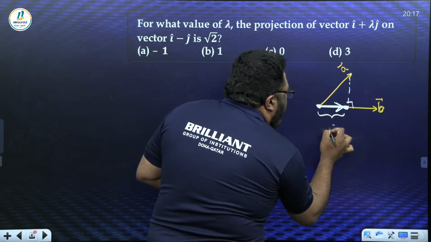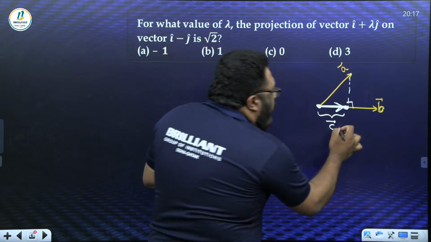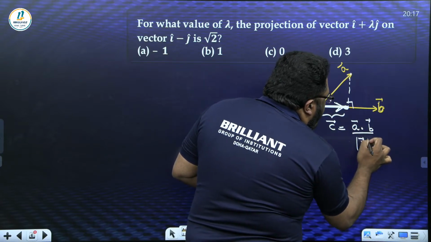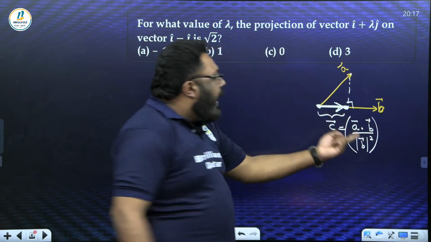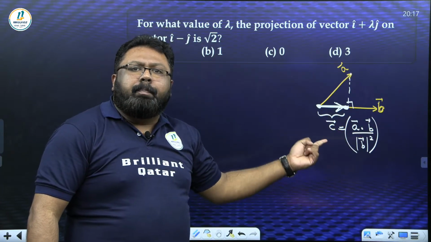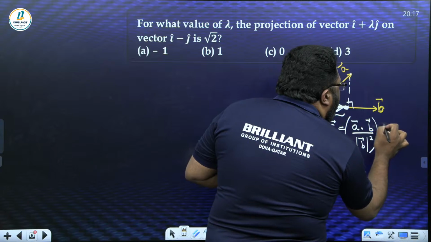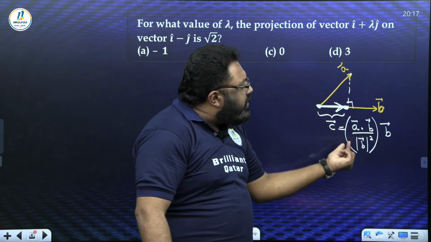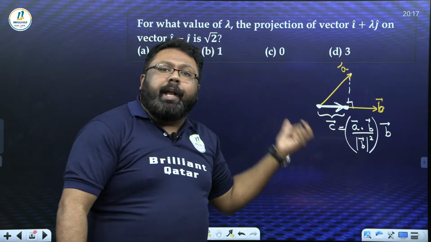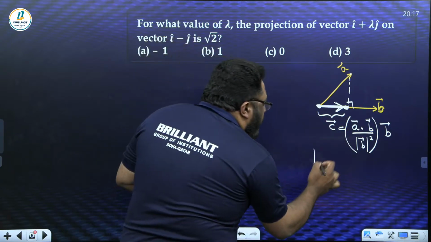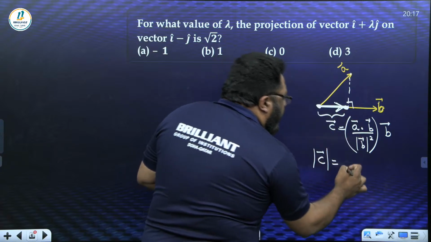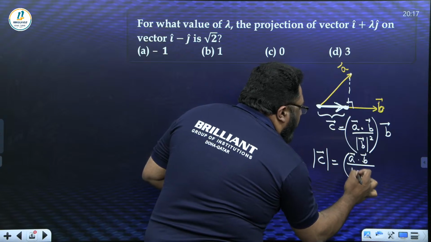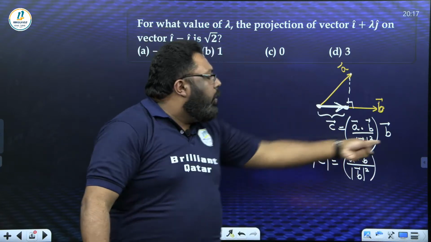This new vector, let me call it C, is given by A dot B divided by magnitude B squared, multiplied with B vector. This is called the projection vector, orthogonal projection vector, and the magnitude of the projection vector is simply the constant A dot B by magnitude B squared without the B vector.